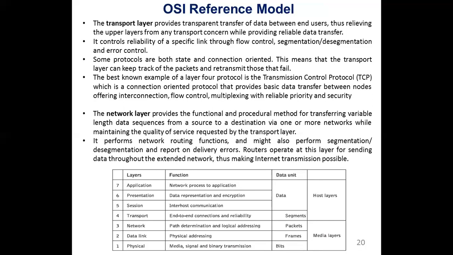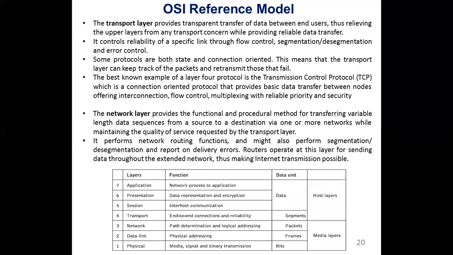The job of the transport layer is to keep track of the packets, and if they fail, retransmit them. The most popular protocol which we are aware of is TCP, the Transmission Control Protocol. It is a connection-oriented protocol, and the data transfer between the nodes is provided using flow control, multiplexing, priority and security.